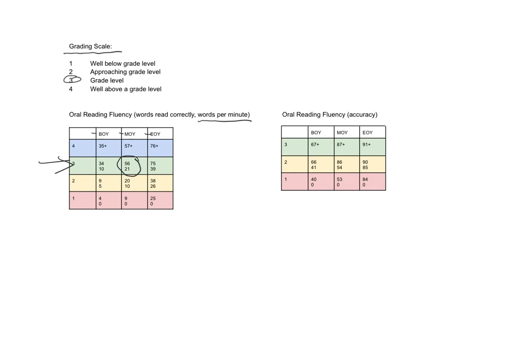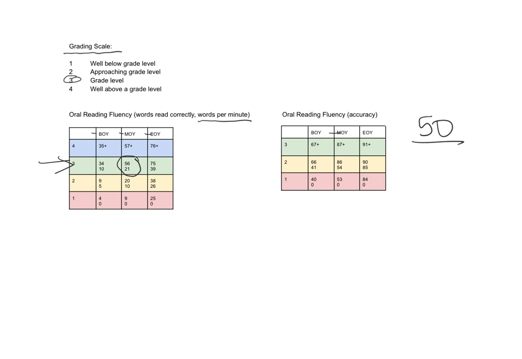Using that same 50, I'm going to come over here to the accuracy chart. I'm going to stay with MOY because we tested perhaps in December. And I know that the student read 50 words correct. So for fluency accuracy, we calculate a percentage of words read correctly out of total words.